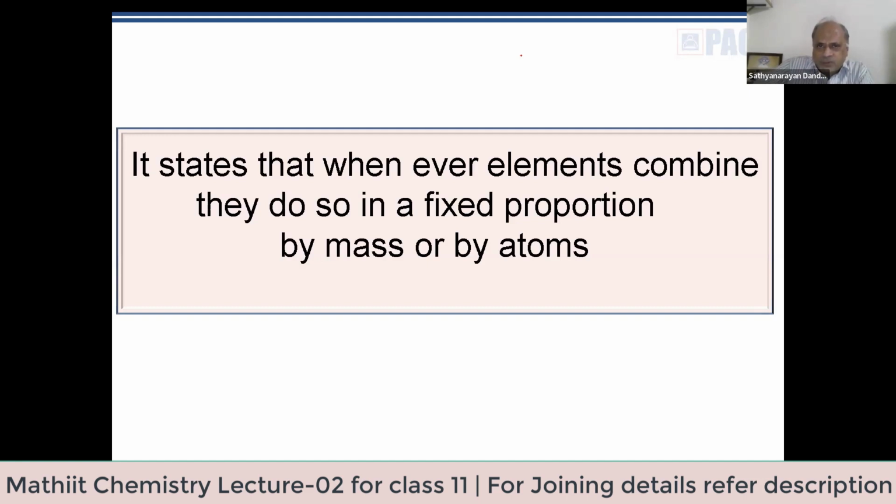Those students who did not write it down, please write down. Law of definite proportion or law of constant proportion states that whenever elements combine, they do so in a fixed proportion by mass or by atoms.